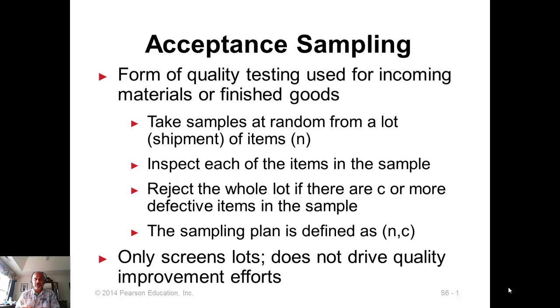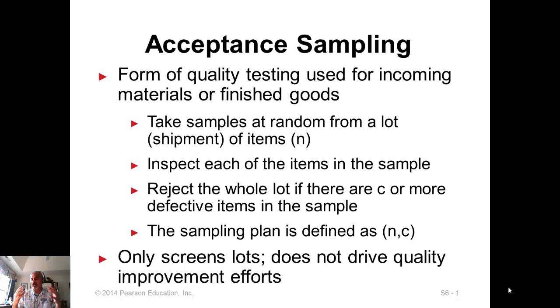Suppose the chip that you're getting from the manufacturer, you have to break it in order to test whether it is good or not, then you cannot do 100% inspection. If you did, you will break the entire lot. So you have to take only a random sample from that lot and test only the sample.